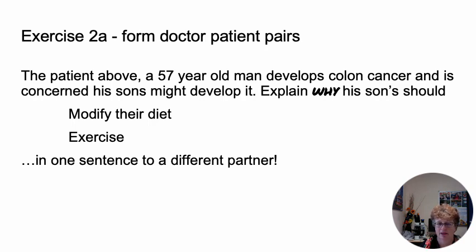Okay, so let's put all this together now. So the patient is, again, remember this 57-year-old man, and now you should be able to explain why his son should modify their diet and improve their exercise. Maybe something like this.